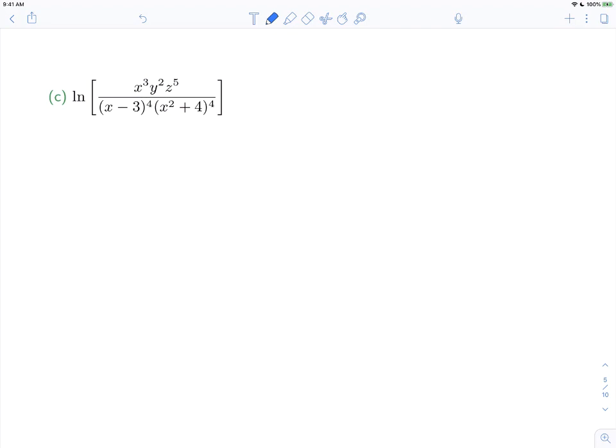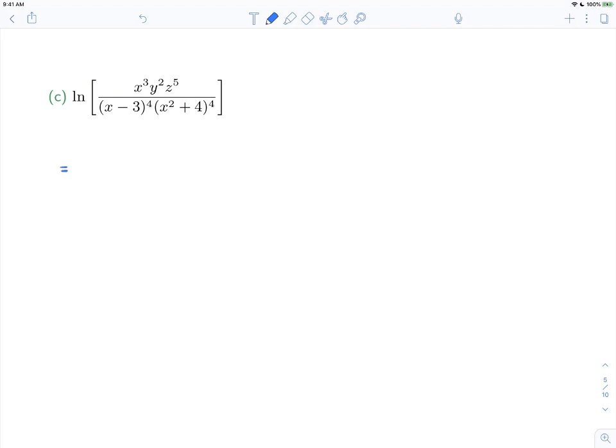All right. The natural logarithm of, well, this is a rather complicated expression, x cubed y squared z to the 5, all divided by x minus 3 raised to the 4 and x squared plus 4 raised to the 4. Again, notice that we have this sum of squares. We're not going to be able to factor this, but that's okay. So let's just go ahead and use the logarithm properties.